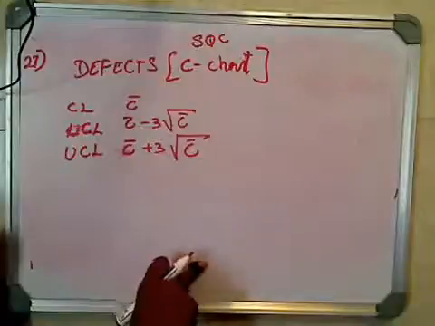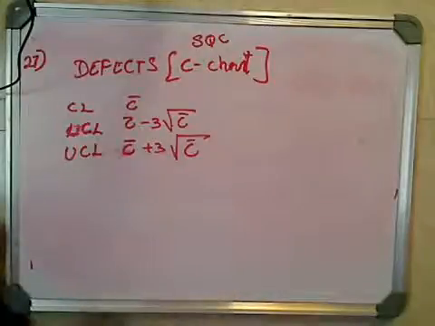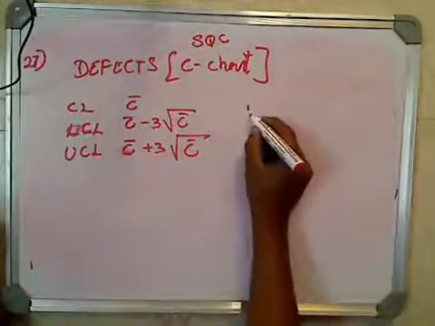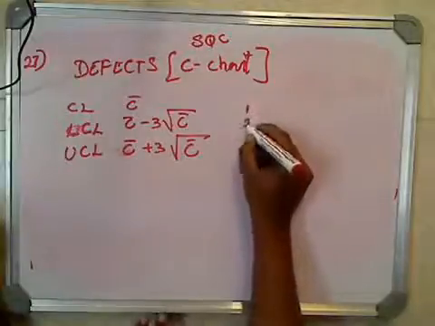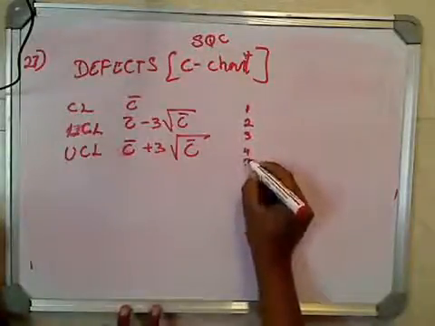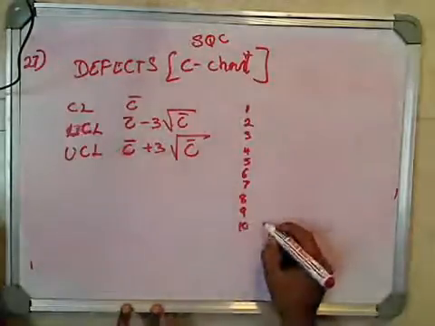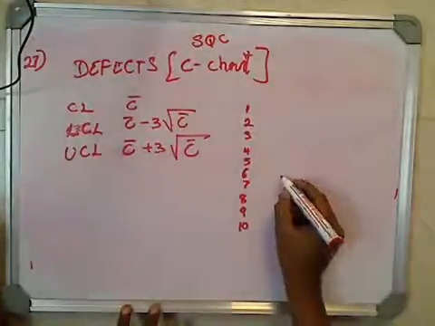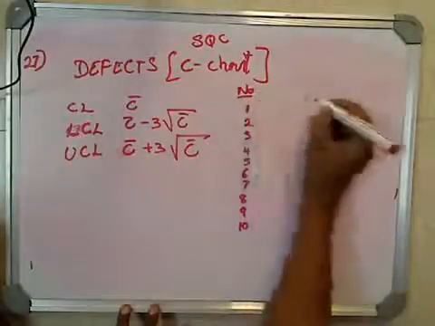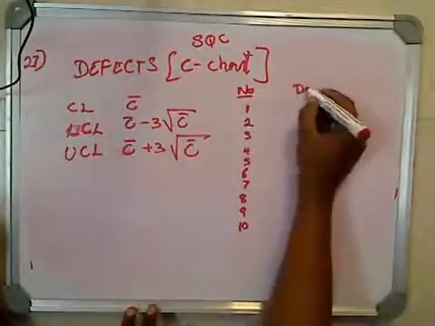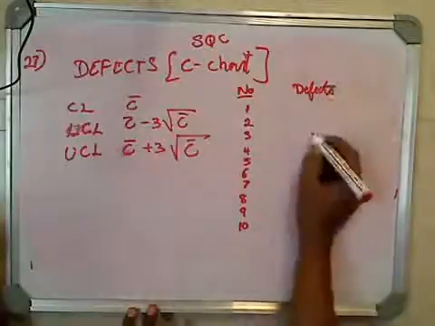Firstly, if you look at the different values that have been given here, the various chassis numbers, chassis 1, 2, 3, 4, 5, 6, 7, 8, 9, and 10. The various values for this have already been mentioned. This is the chassis number, and this would be the defects in all this.